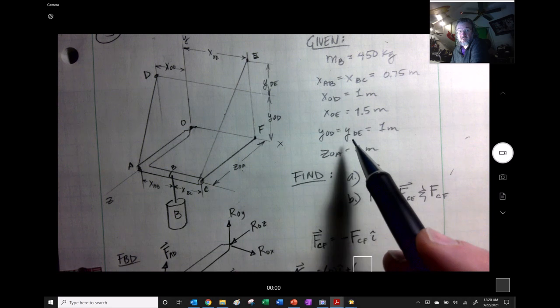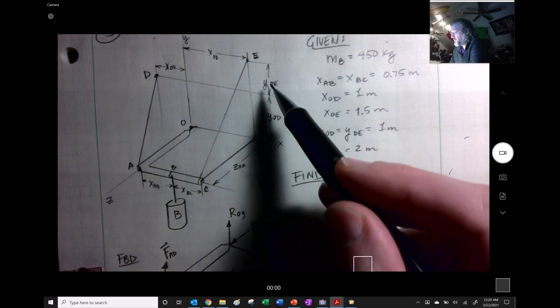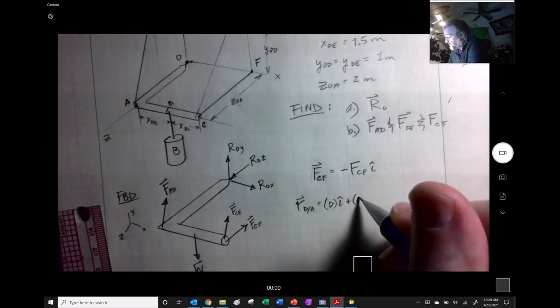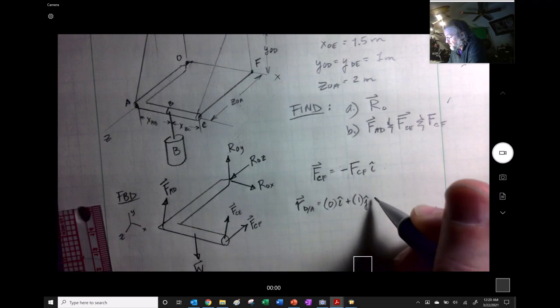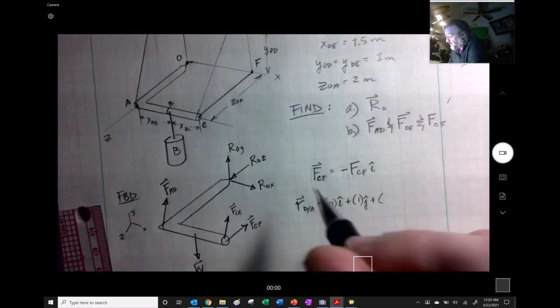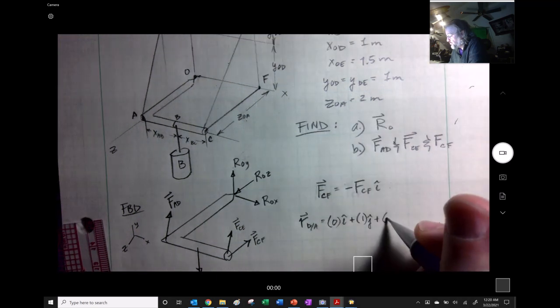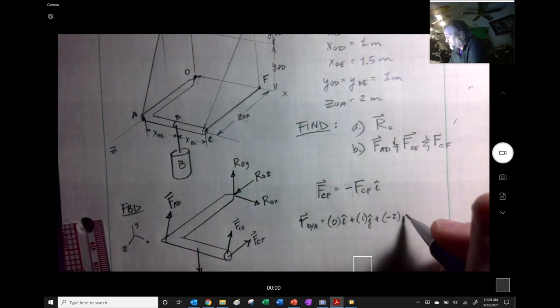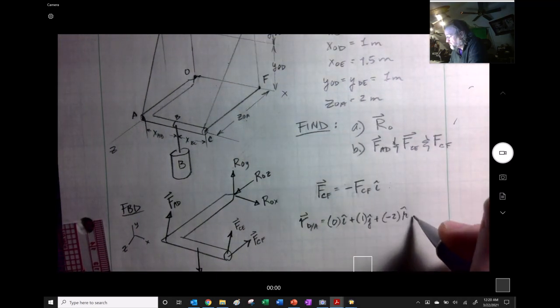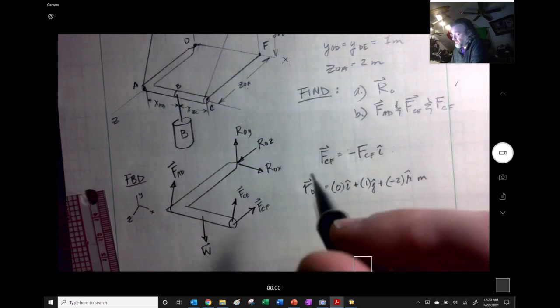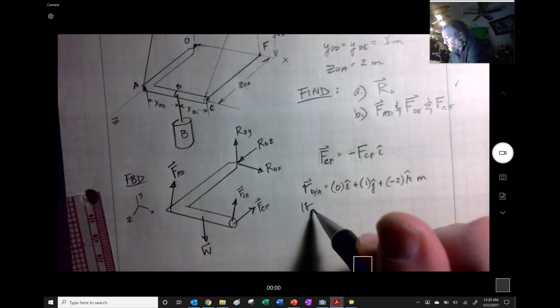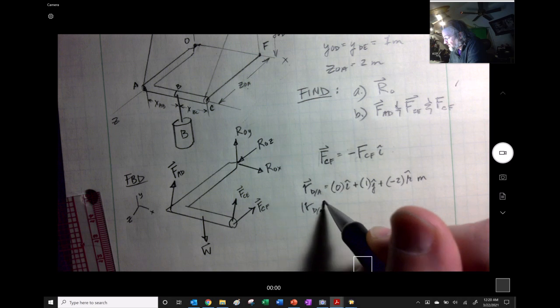I didn't quite make them look like they were the same right there. But it's going up. And it's going backwards, though. It's going backwards this amount, 2. These are meters.